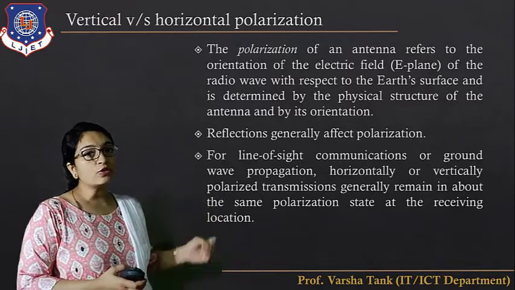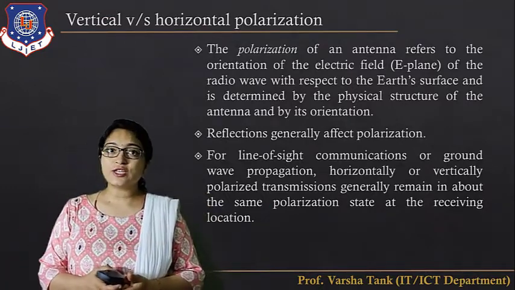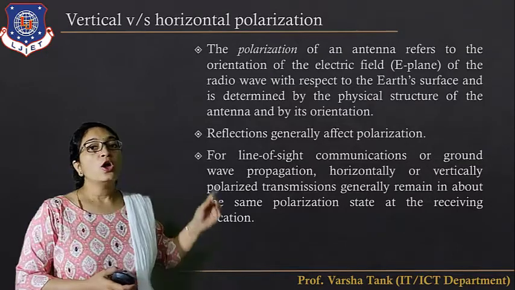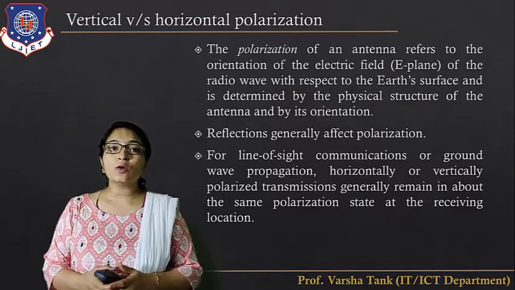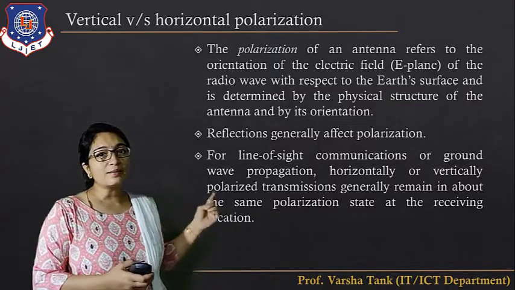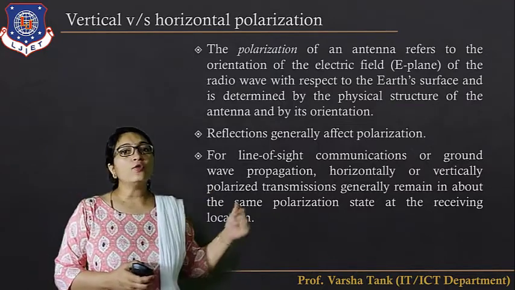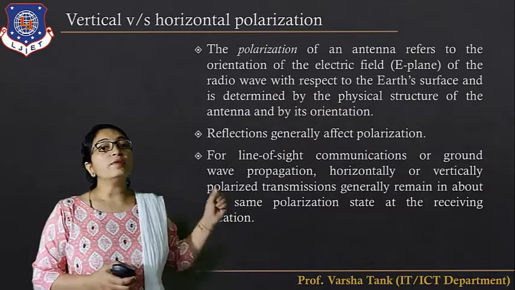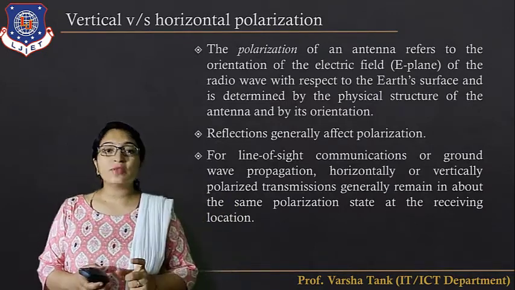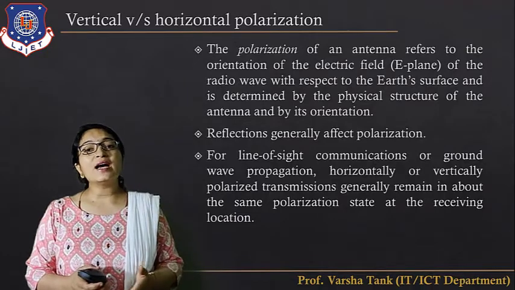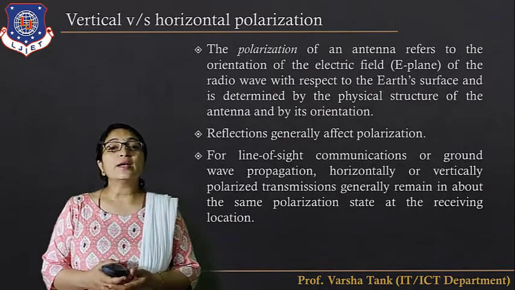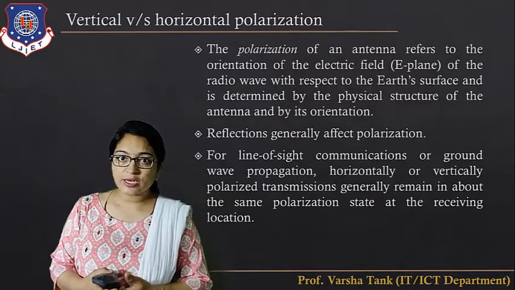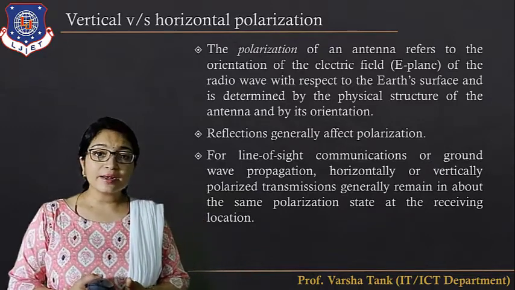The polarization of an antenna refers to the orientation of the electric field, or we can say the E-plane of the radio wave, with respect to Earth's surface, and it is determined by the physical structure of the antenna and by its orientation. It always depends on how the antenna is structured and what its direction is, whether it is an omnidirectional, directional, or bidirectional antenna.